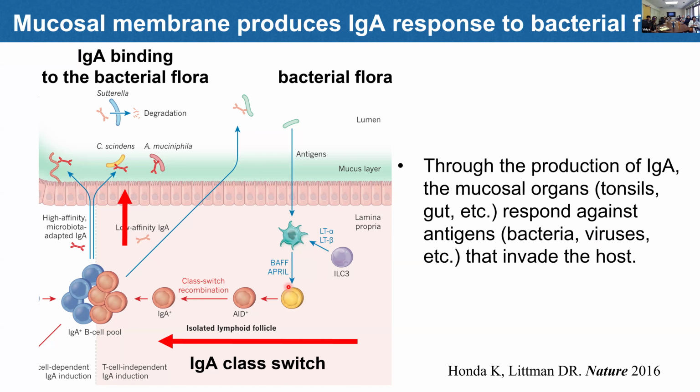So through the production of IgA, mucosal organs respond against antigens, such as bacteria or viruses, that invade the host. In this pathway, the TNF superfamily members APRIL and BAFF from the dendritic cells play an important role in producing IgA. Today, please remember these TNF family members, APRIL and BAFF.